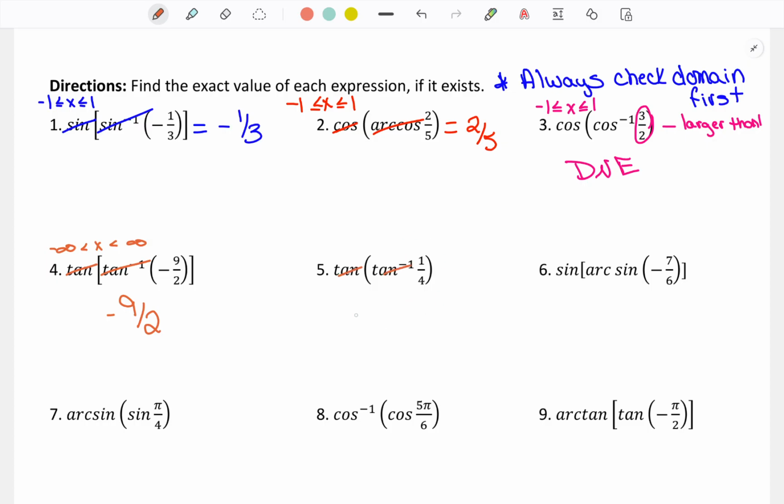Those two will also cancel each other and just give us 1/4. And then now we have the sine of the arcsine of -7/6. Again, this is where x has to be between 1 and -1, and this is lower than -1, which means that it does not exist.